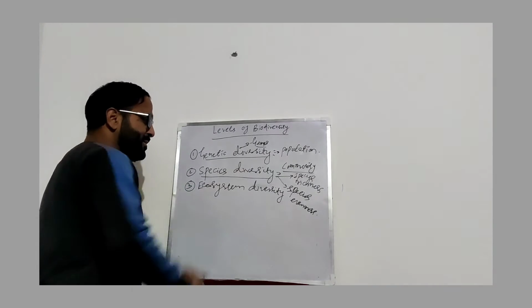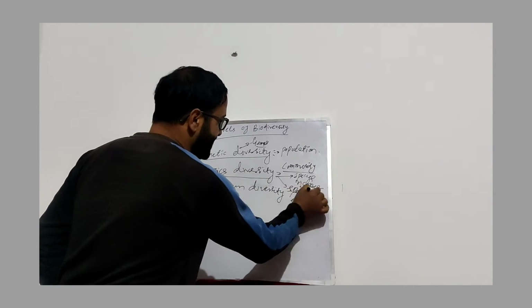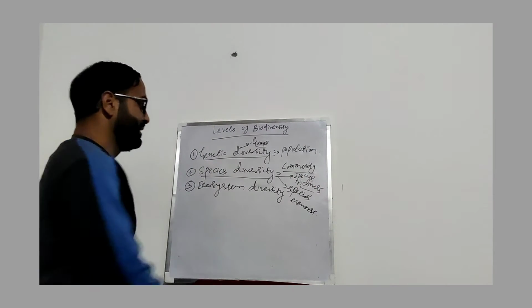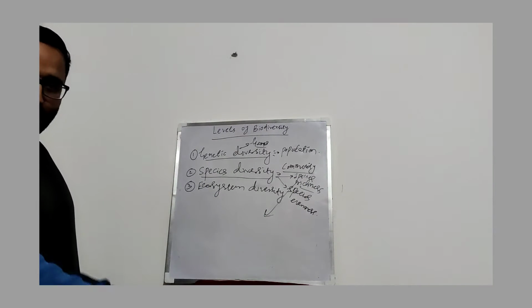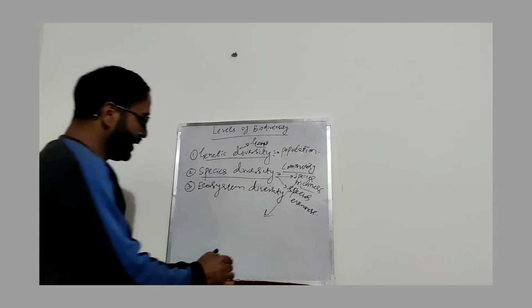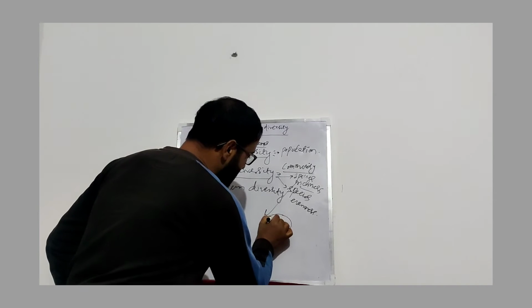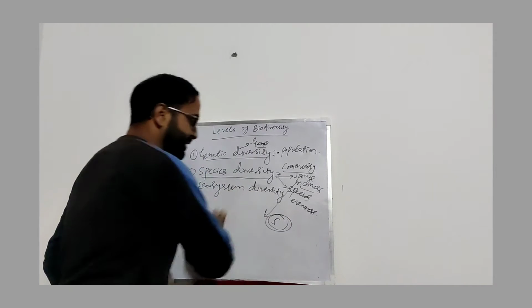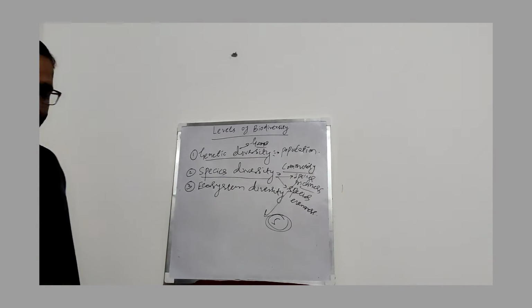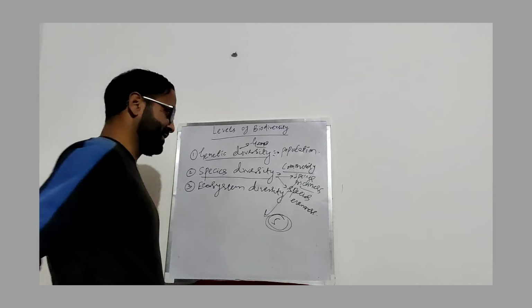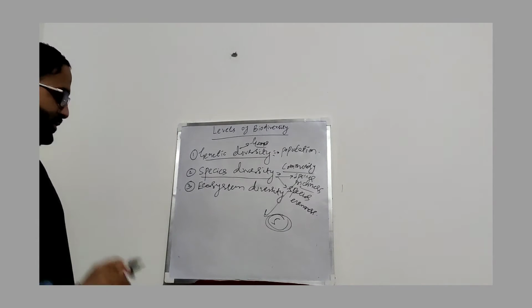Species richness tells us about the number of species present in some ecosystem. For example, if there are 5 species present in some ecosystem, the species richness of that ecosystem is 5. So it is the number of species present in an ecosystem.